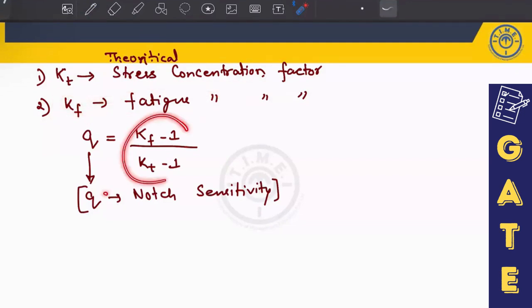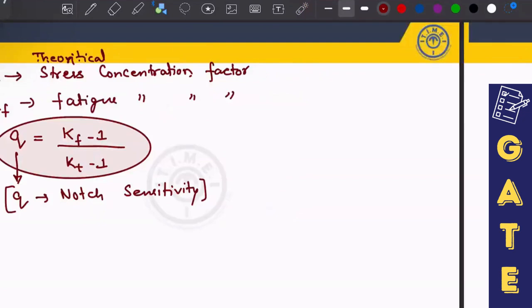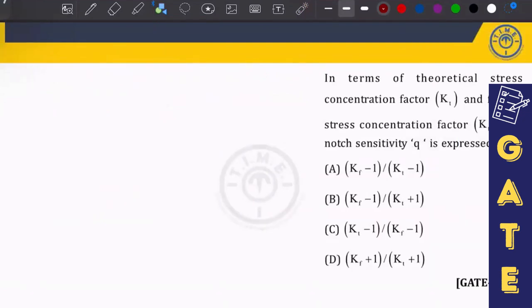So q basically relates these two important terms, Kf and Kt, and based on that they have framed one question, which I have shown you. The notch sensitivity will be expressed as what? Option A is the correct answer, which is Kf minus 1 divided by Kt minus 1.